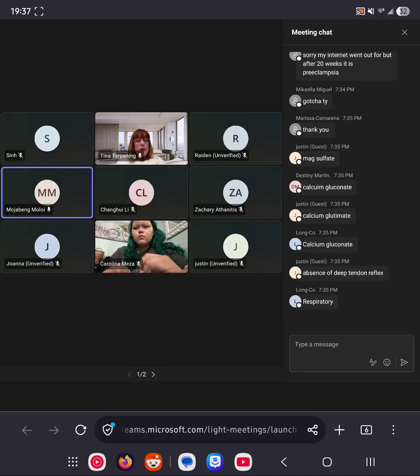Labetalol? Labetalol, the beta blockers. Very good. Beta blockers are first line for a couple of reasons. ACEs and ARBs are contraindicated. They can cause problems with the baby, but beta blockers are a safe drug for a couple of reasons.